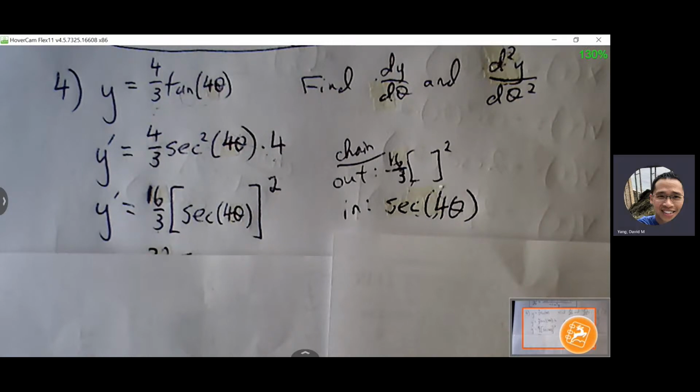So we go through power rule, 16 thirds times 2 bracket to the first power, and then multiply by the secant derivative. Secant u becomes secant u tangent u times u prime.